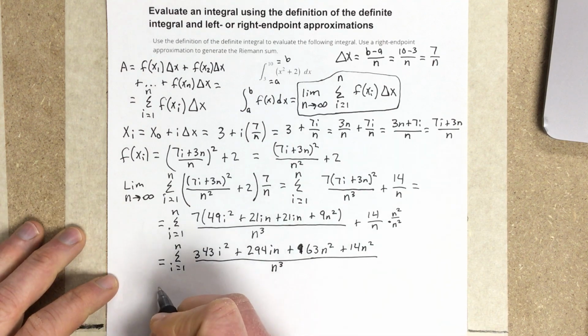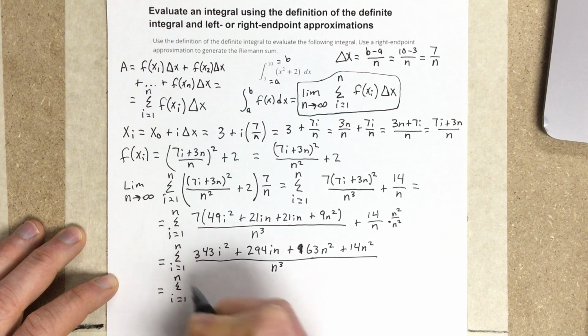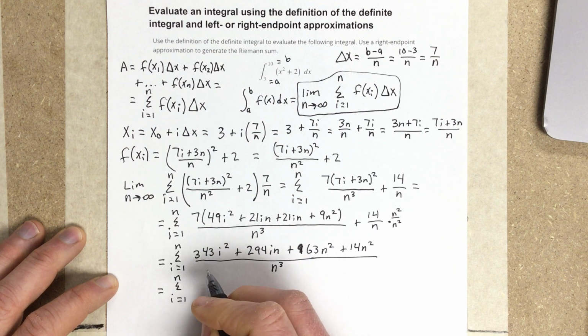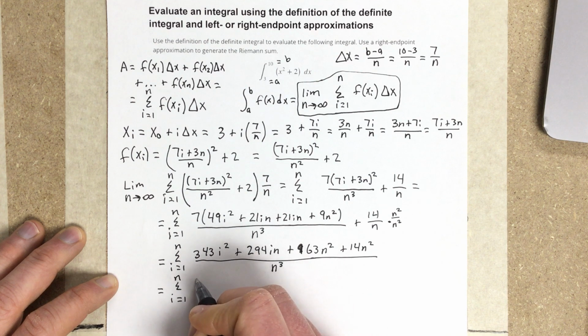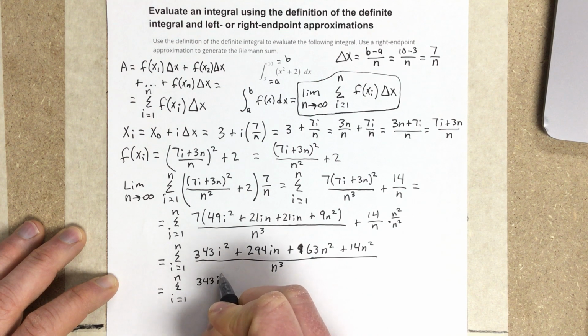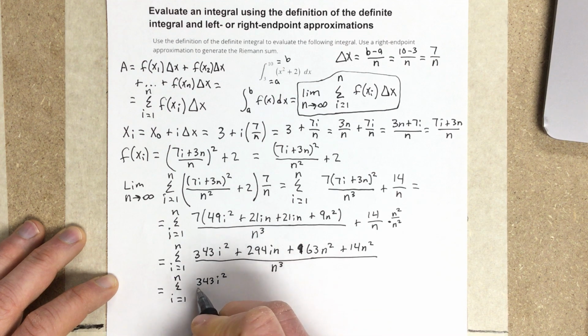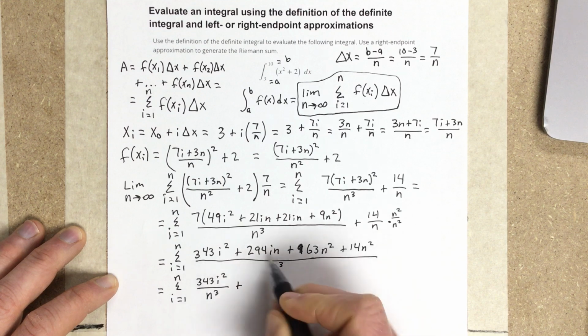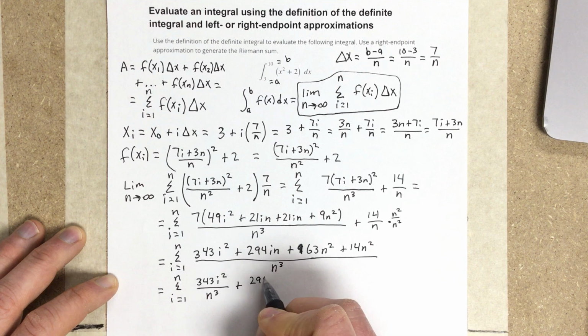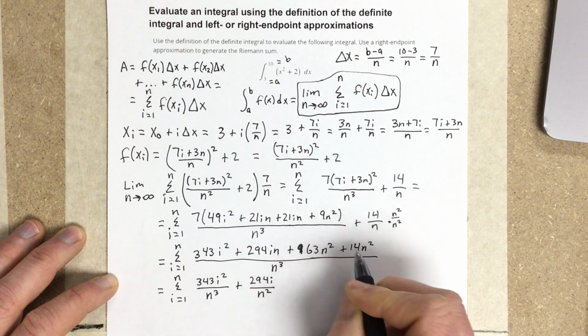Now I'm going to simplify that a little bit. So that's the summation from i equals 1 to n of 343i squared, and I'm going to split the denominator, so that's over n cubed, plus 294, the n's will cancel, so I get 294i over n squared when I simplify the n's here.